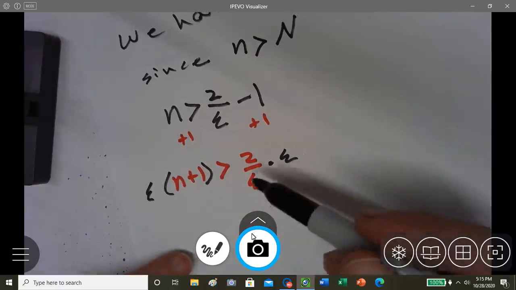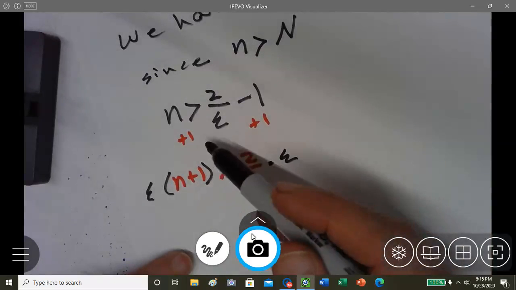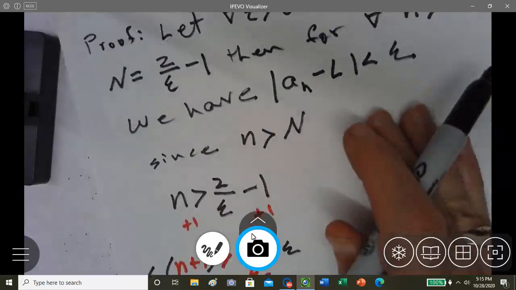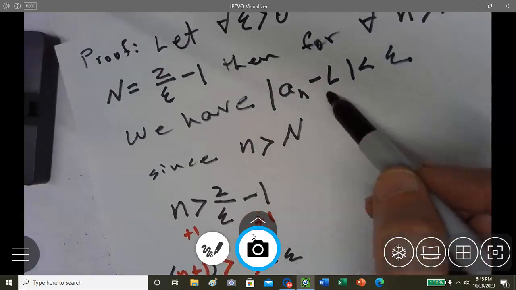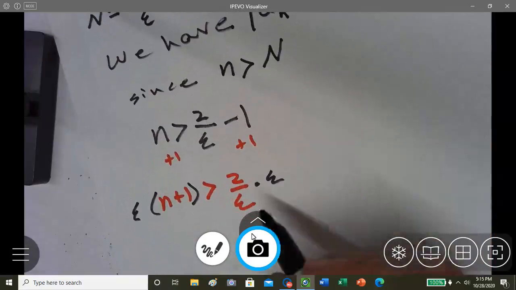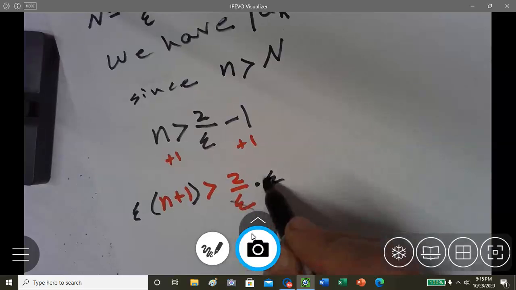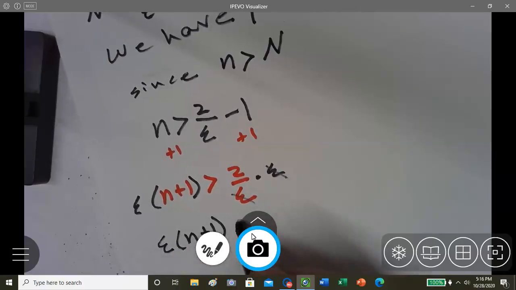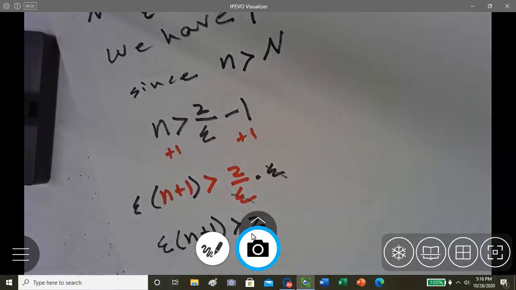So the whole idea here is eventually we're going to get back to this. Once we get to this point here, then we've proven that the limit does exist. So the epsilons cancel here, and we've got epsilon times n+1 is greater than 2. And we're solving for epsilon, so now we can divide both sides by n+1.